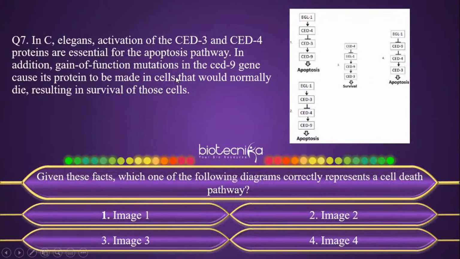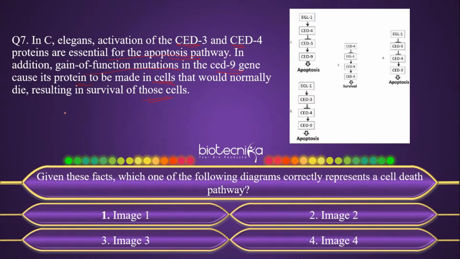So quickly moving on to the second question, with respect to apoptosis. Apoptosis in C. elegans, activation of SET3 and SET4 are essential for the apoptotic pathway. In addition, gain of function mutations in the SET9 gene cause this protein to be made in cells that would normally die, but results in the survival of those cells.